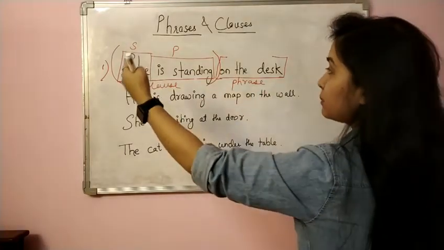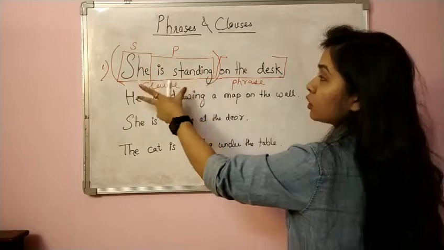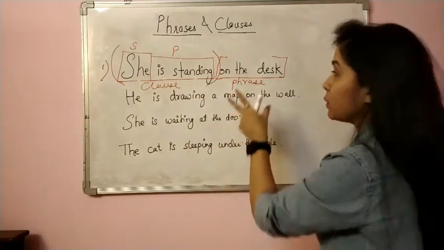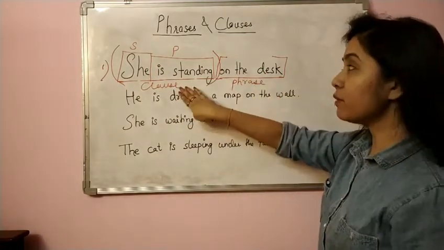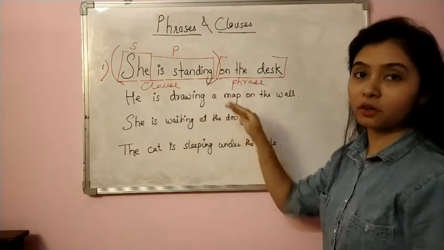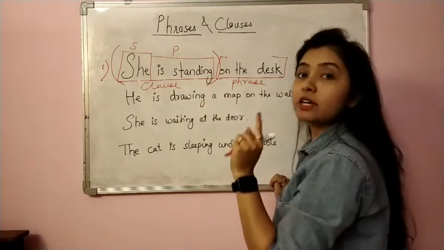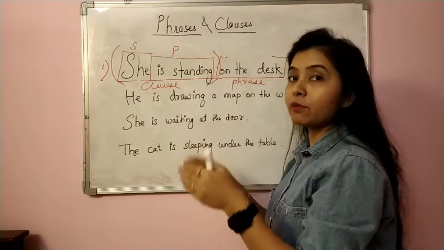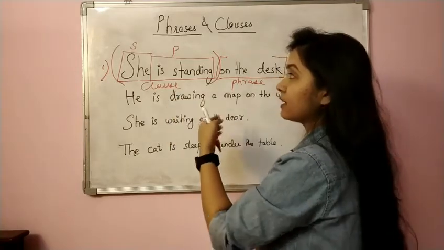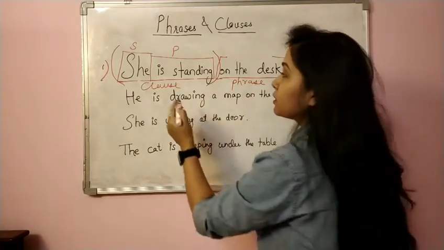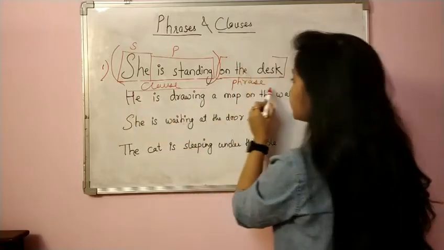This becomes the complete sentence which has a clause as well as a phrase. And the clause has the subject she, यानी वो, and वो क्या कर रही है, तो she is standing becomes the predicate. So this is the clause and this is the phrase.